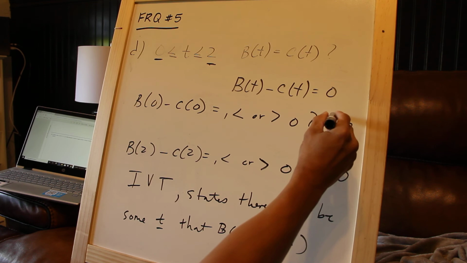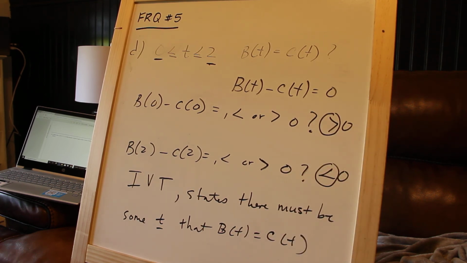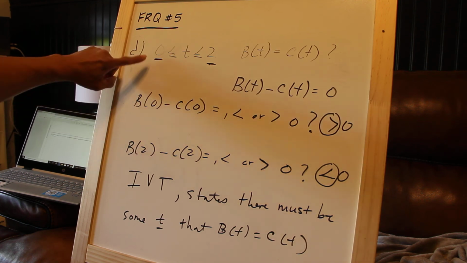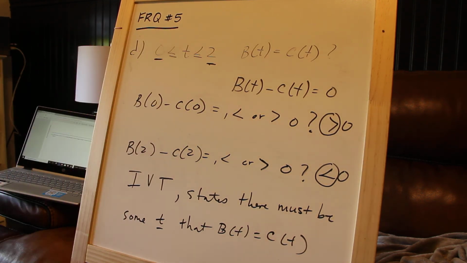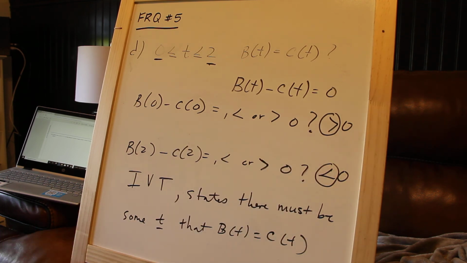Why? Because of this. These are my two endpoints, my two t points were 0 and 2, so that's my interval. When I evaluated at 0, I had it greater than 0. But when I evaluated at 2, I have it less than 0 for the subtraction of both. So somewhere in between, there has to be a value where they equal each other.